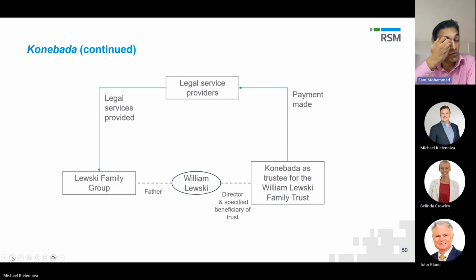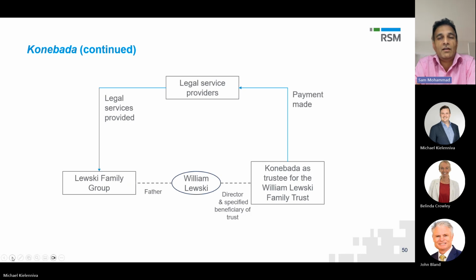Essentially, there were various legal proceedings which were ongoing against members of the Lewski family group and various companies related to them. And what was put in place is that instead of the family group directly engaging the legal service providers, there was a series of litigation funding agreements that were executed between the family group and the trust, pursuant to which the trust agreed that it would go out and procure and pay the lawyers.